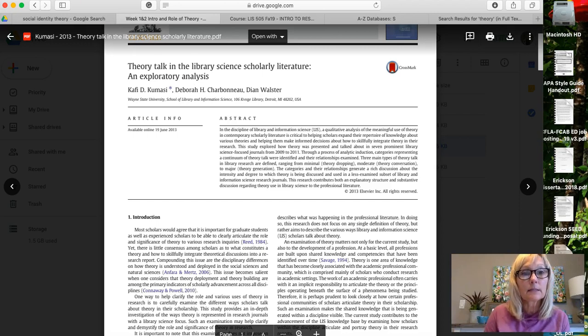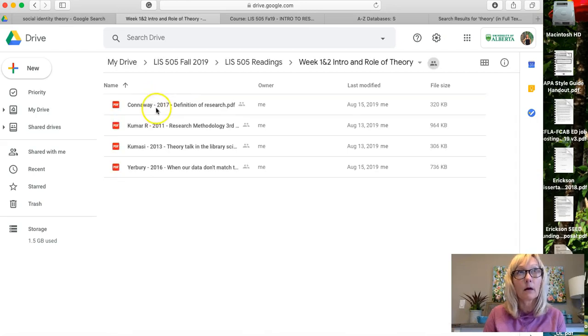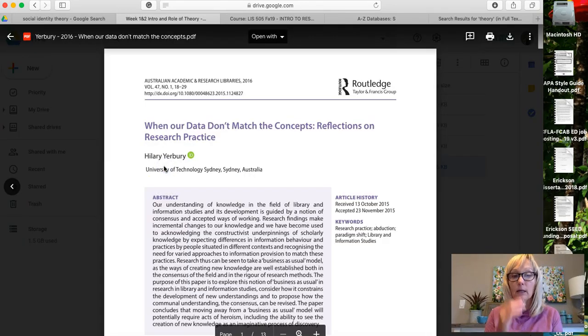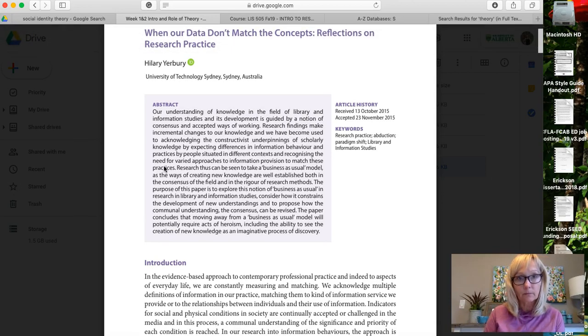Yerbury's article is the second very interesting article that is a bit more philosophical in talking about theory and talking about our research practices, the meaning of research. And Yerbury introduces something called business as usual, meaning that there's a sense of stability in the research that's conducted in library and information sciences.